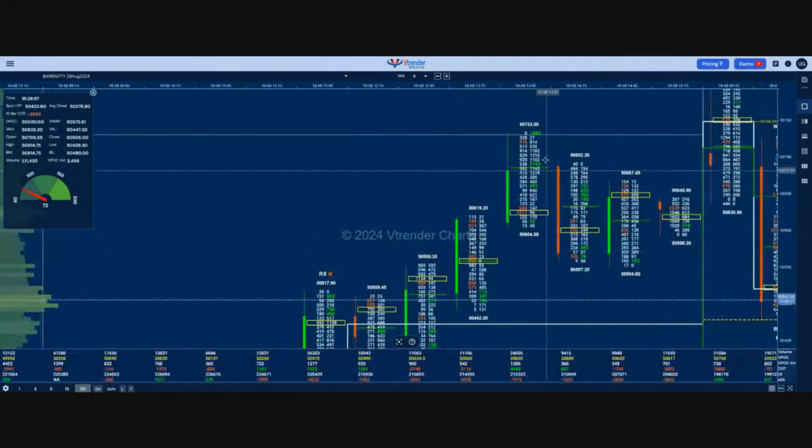And you can see where we stalled. We stalled right at that 5730 mark, which was the POC. And we have a big green here, but then we don't have any follow up. So just because an LLT has come does not mean we can blindly go long. We do make use of LLTs also, but the LLTs have to come at important references, and they also need to form an important order flow signal.